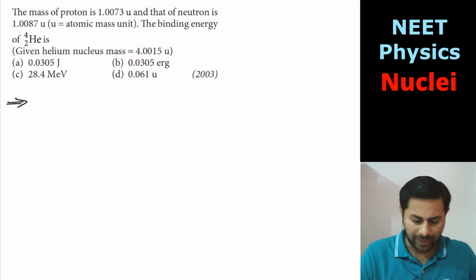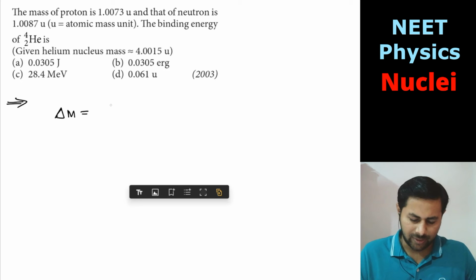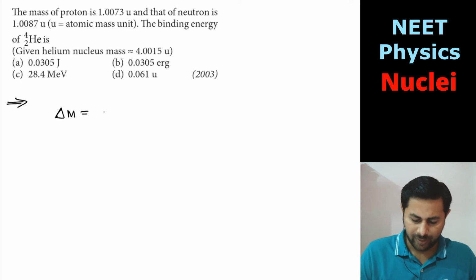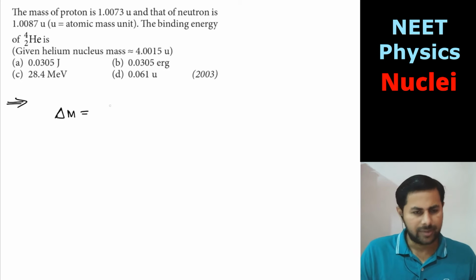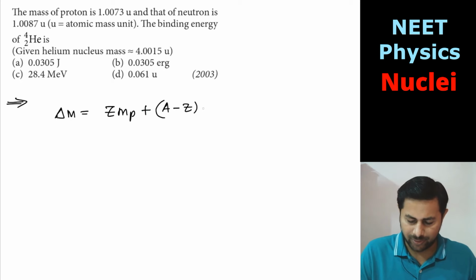So you just need to find out the mass defect. So that is equal to, how many protons and neutrons are there in helium. Let me just write down the formula: Z times mass of proton plus A minus Z times mass of neutron.